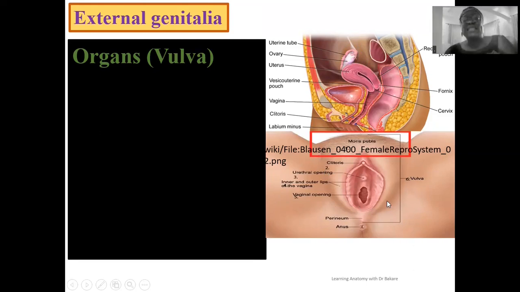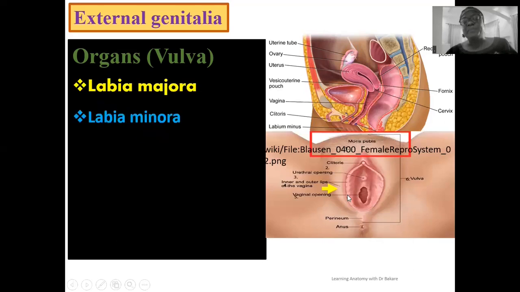So let's try and list the organs that form the external genitalia. The first one is the labia majora. The labia majora is the outer bigger lip. If you look at the configuration of the vulva in this region, you see this region arrowed here in yellow as the outer bigger lip. After this outer bigger lip, we also have an inner smaller lip, which is arrowed here in blue.